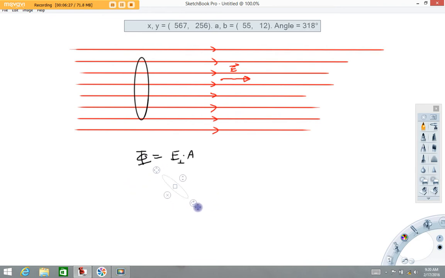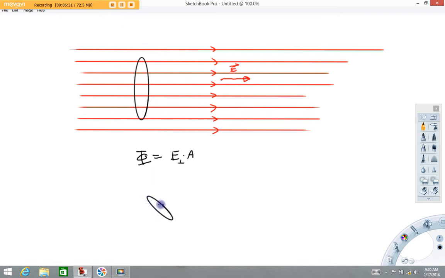So imagine we have some sort of little area here. And imagine that in this orientation, or at this position, we have an electric field vector that points, go ahead and draw it in black, I guess. We have an electric field vector in this region that points like this.